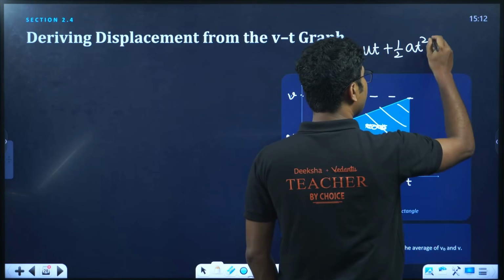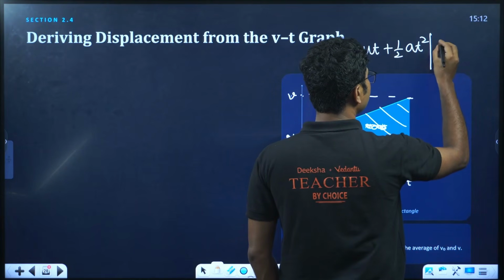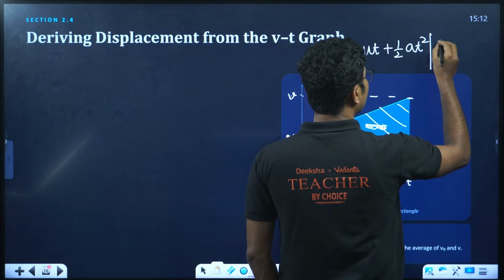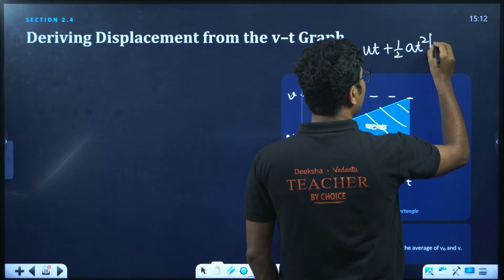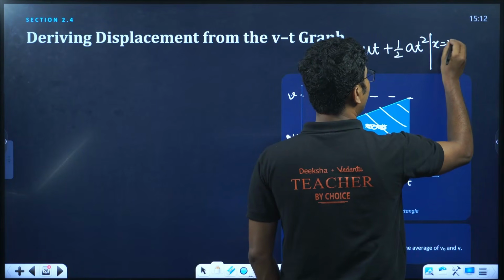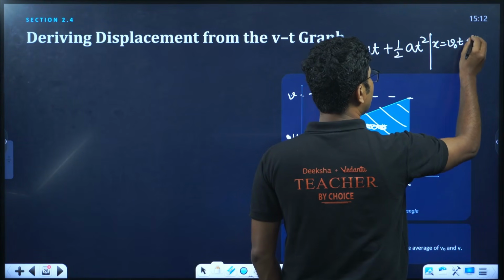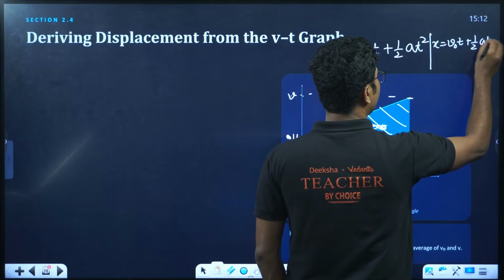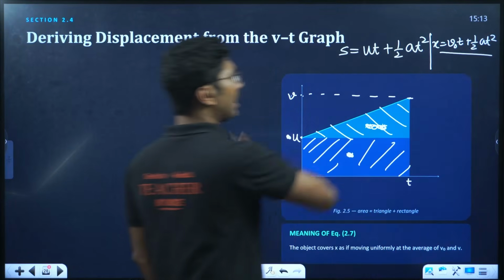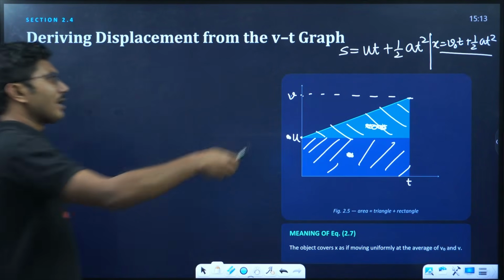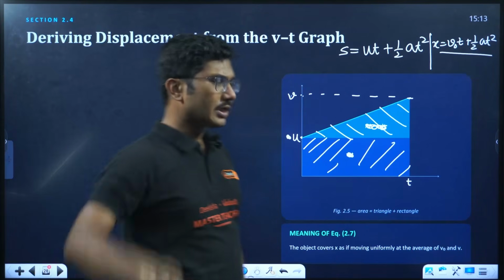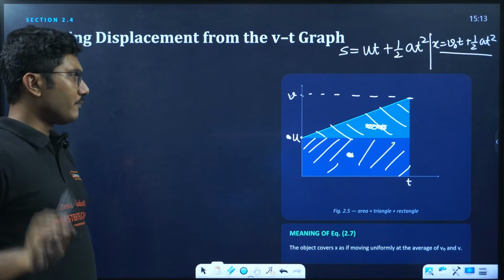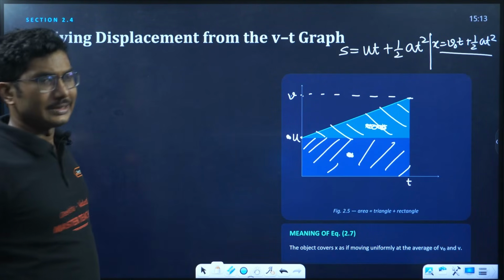This is an alternative form of the same equation. Any one of them can be asked in the exam. You need to identify which one we are using. The second equation we will come to in a while. But first let us understand this.